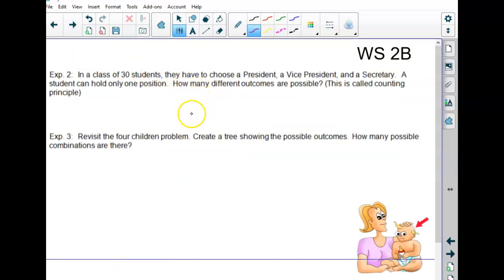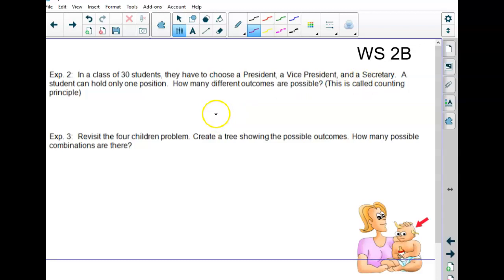Now we're on 2B. It says, in a class of 30 students, we have to choose a president, a vice president, and a secretary. The student can only hold one position. How many different outcomes are possible? All right, they call this counting principle.